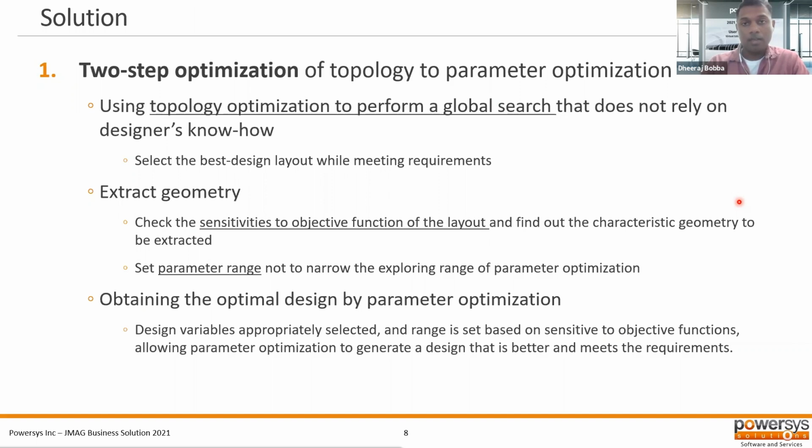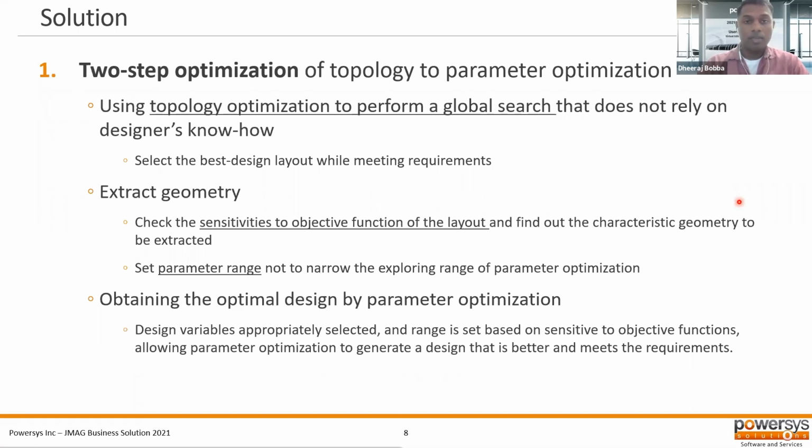And that's solution number one to deal with the optimization global search itself. Using the topology optimization to perform the global search, it does not rely on the designer's know-how of designing the machine or precisely defining the parameters. It will ultimately select the best layout while meeting the objective functions.